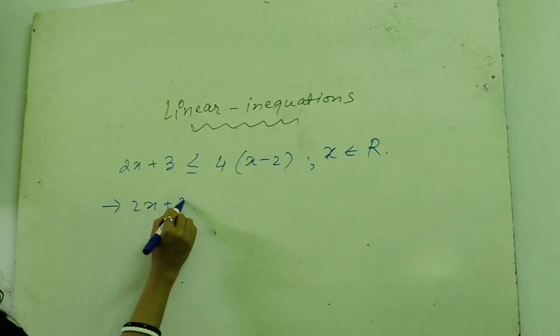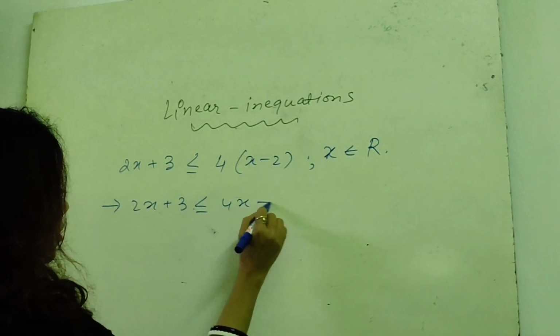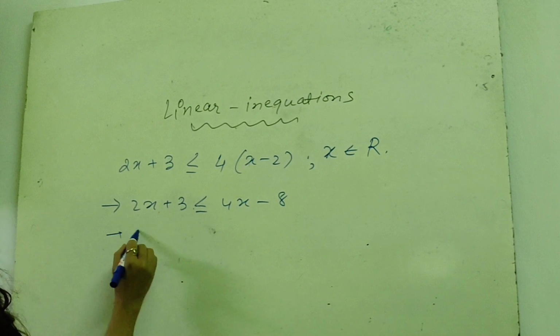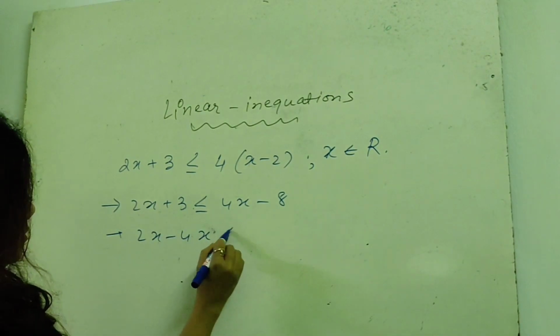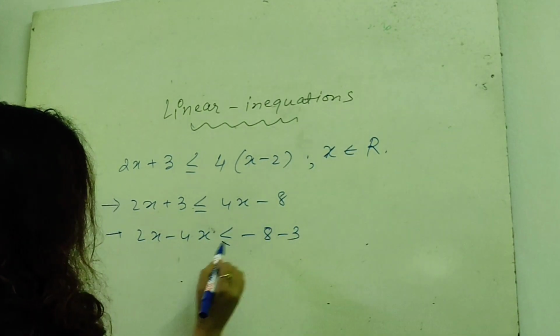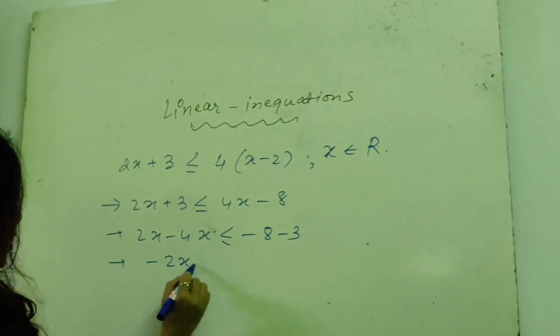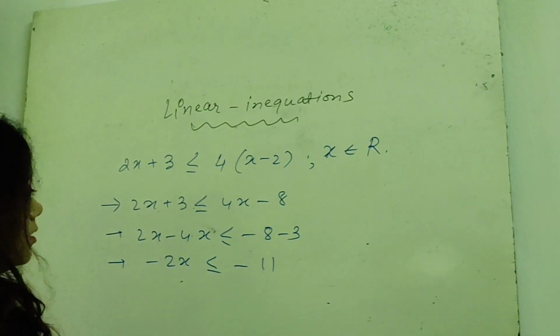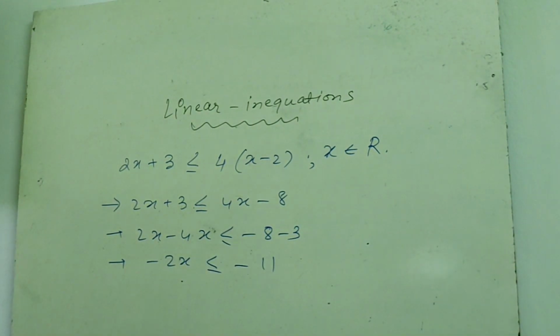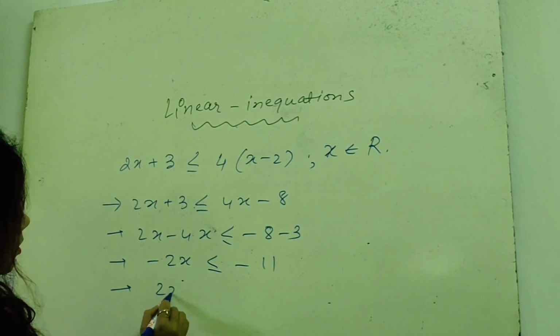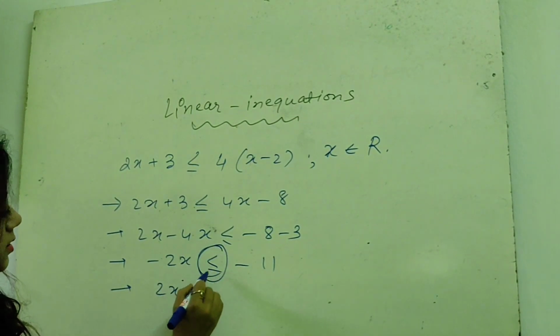First, just solve like equations. 2x minus 4x less than or equal to minus 8 minus 3, that is minus 2x less than or equal to minus 11. Here, one thing you must remember: when you cancel the minus from both sides, the symbol direction will change.